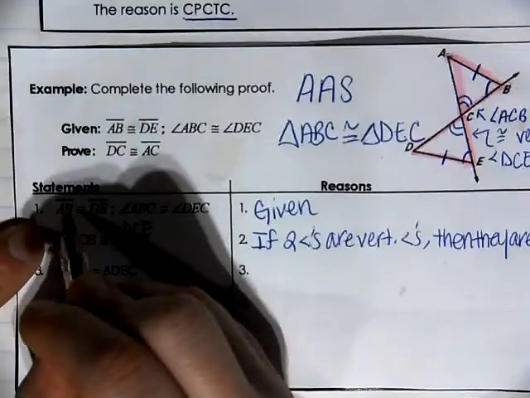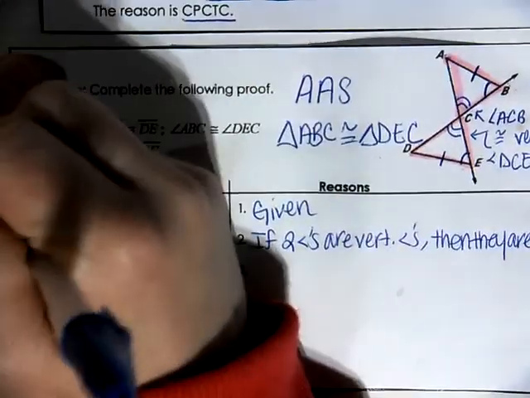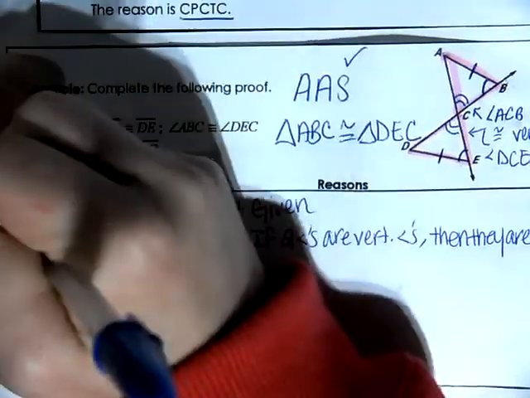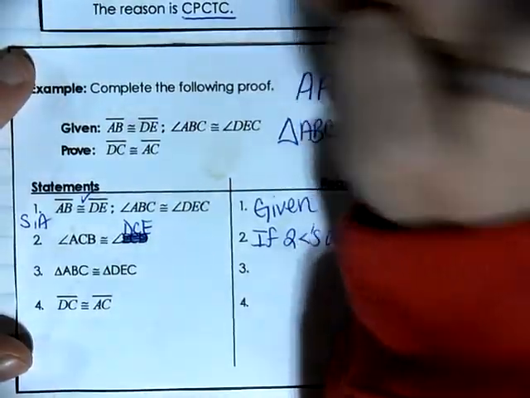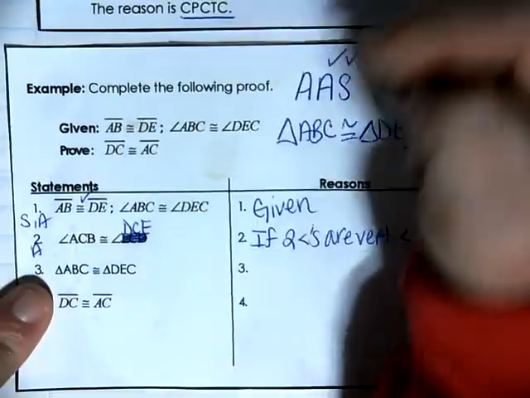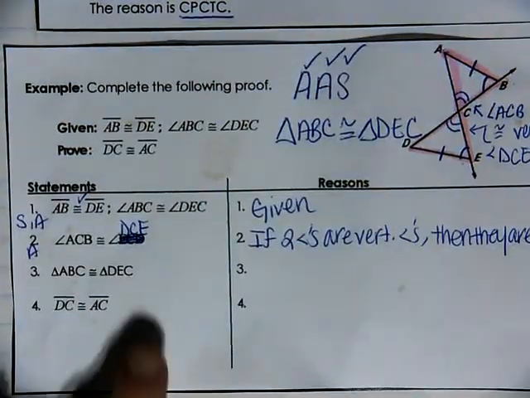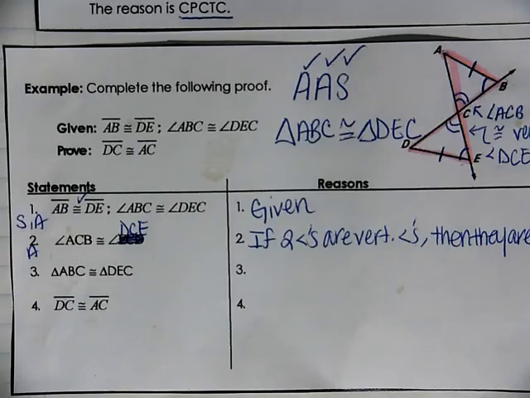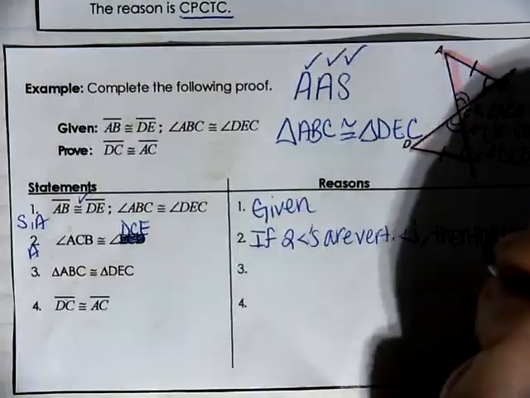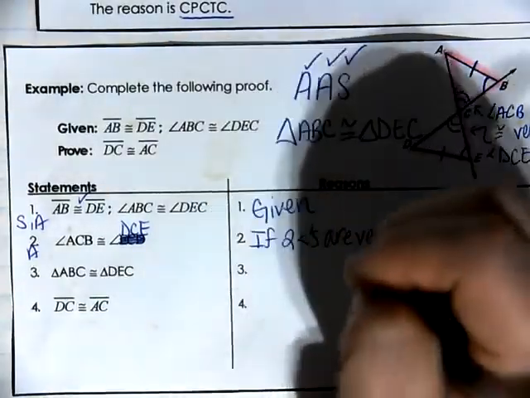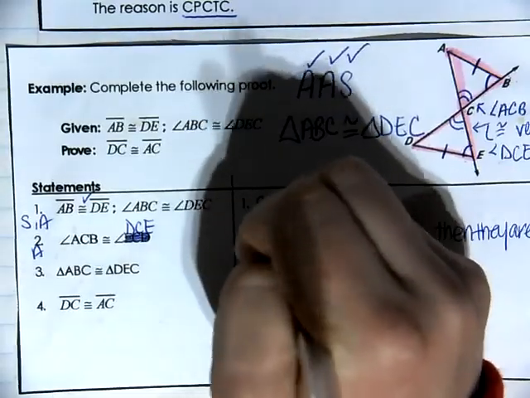So what I have up here back in the beginning is a side that's identified, and an angle that's given to me, and now I have my remaining angle identified. So since I have all three pieces of information identified, I can now say that triangle ABC is congruent to triangle DEC by angle, angle, side.